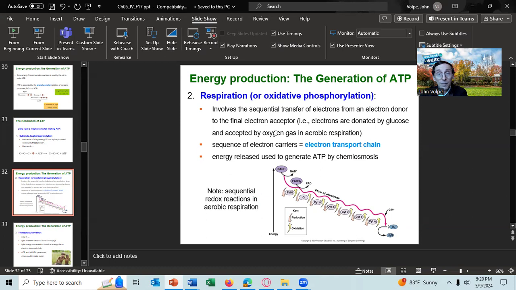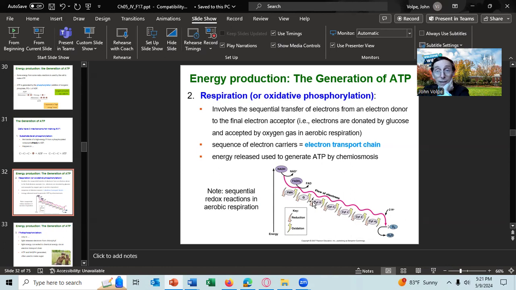Now, in aerobic respiration, the electron donor is usually glucose, and we'll talk about it with glucose. And then the electron is sequentially transferred through an electron transport chain from one member of the chain to the other.